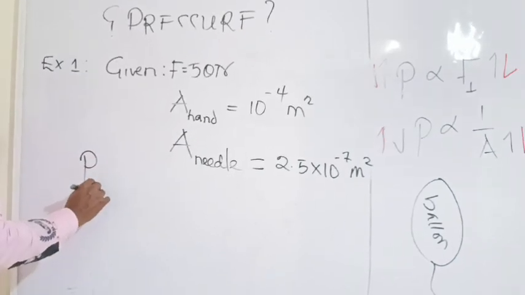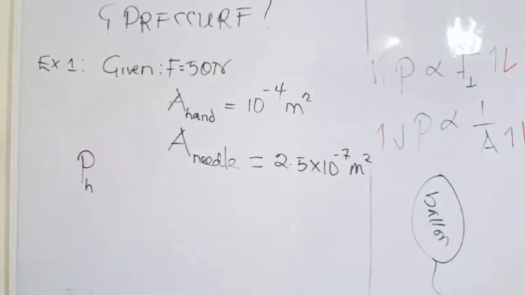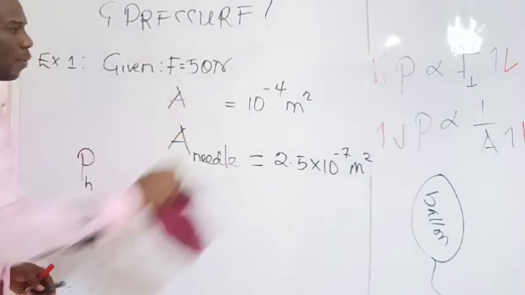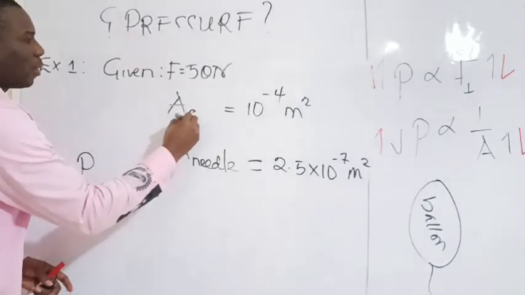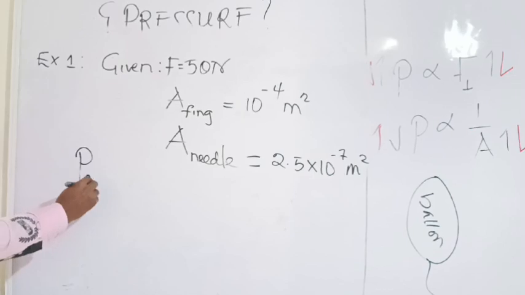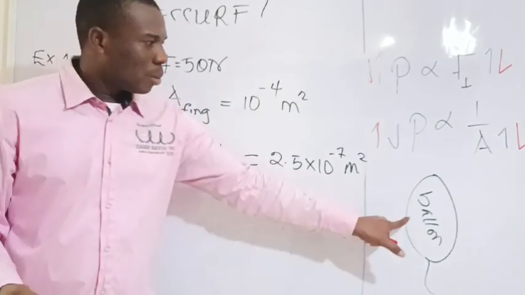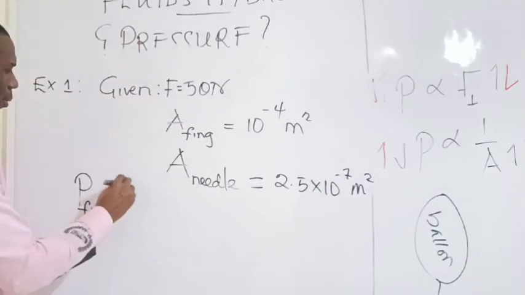So the key question now is, what is the pressure exerted by my finger? This is my finger. Let me use the precise word, finger. So what's the pressure that my finger would exert on this balloon? That is for one.